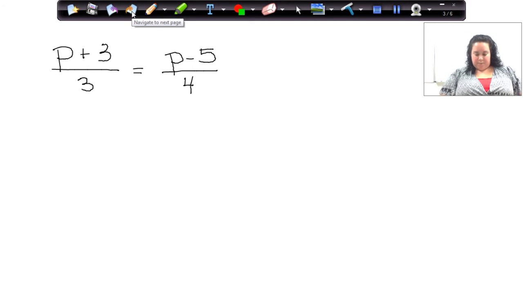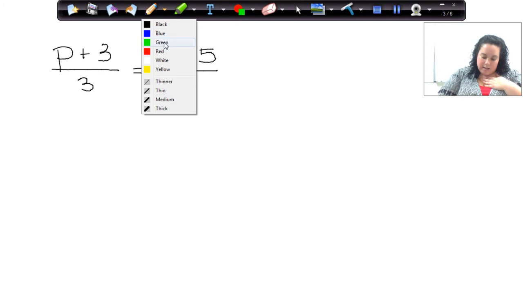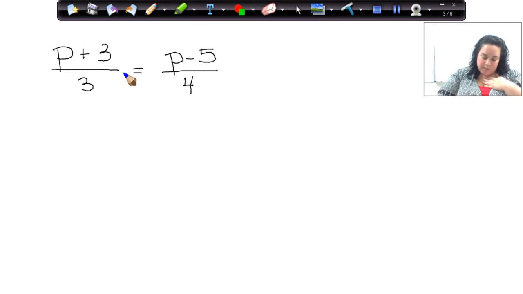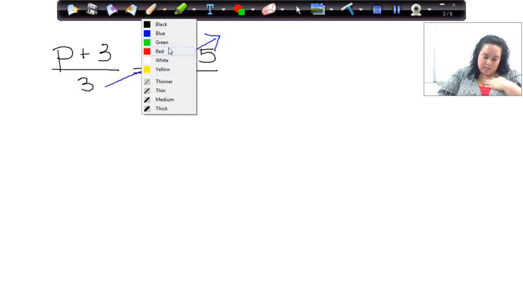Okay, go on to the next one. Here's another proportion. So if you remember, normally we would multiply the two numbers that are across from each other and divide by the other one. Well, this is a little bit more complicated. So we're going to have to do it the way that we did the other one, where we cross multiply or multiply across the top.